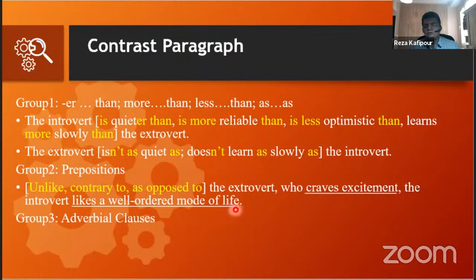But if you are going to provide more information, you may add a dependent clause for the first part between two commas. No difference between prepositions. You may use unlike, contrary to, or as opposed to the extrovert, the introvert likes a well-ordered mode of life.